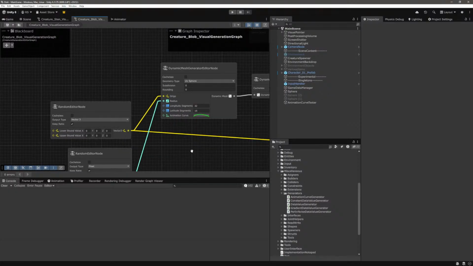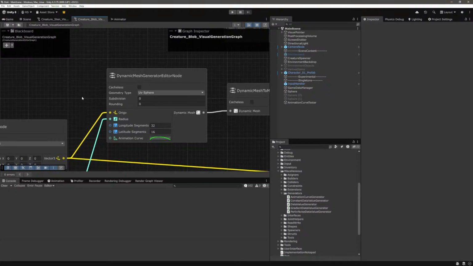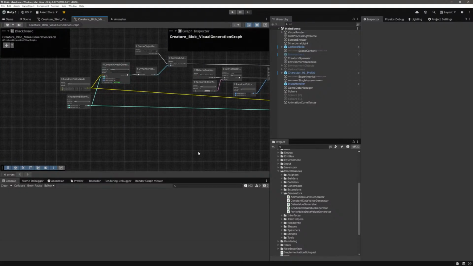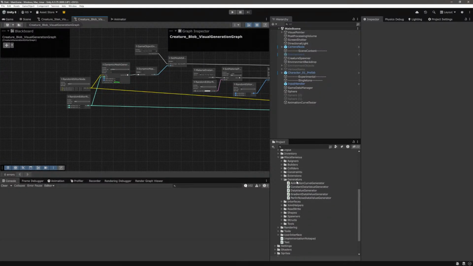So let's add an animation curve generator editor node. It's a generator, definitely.